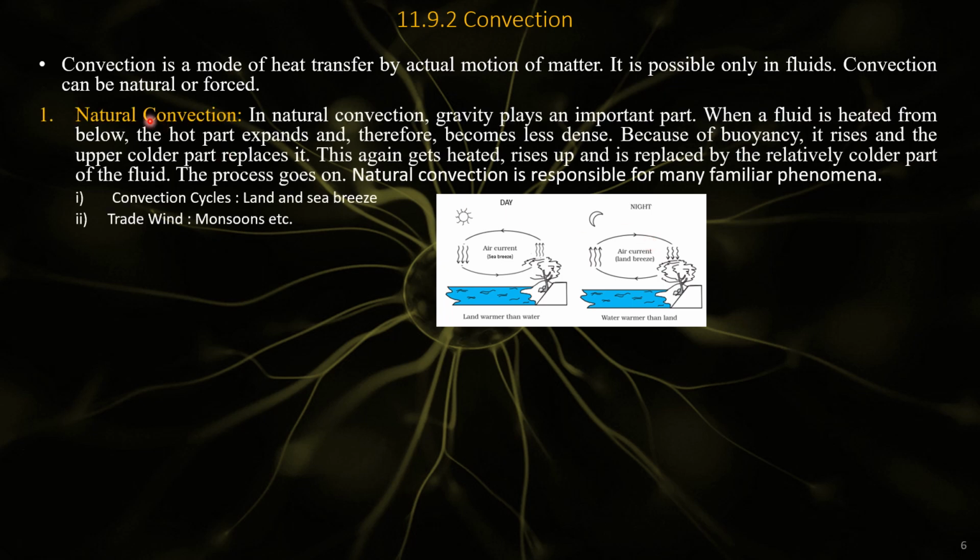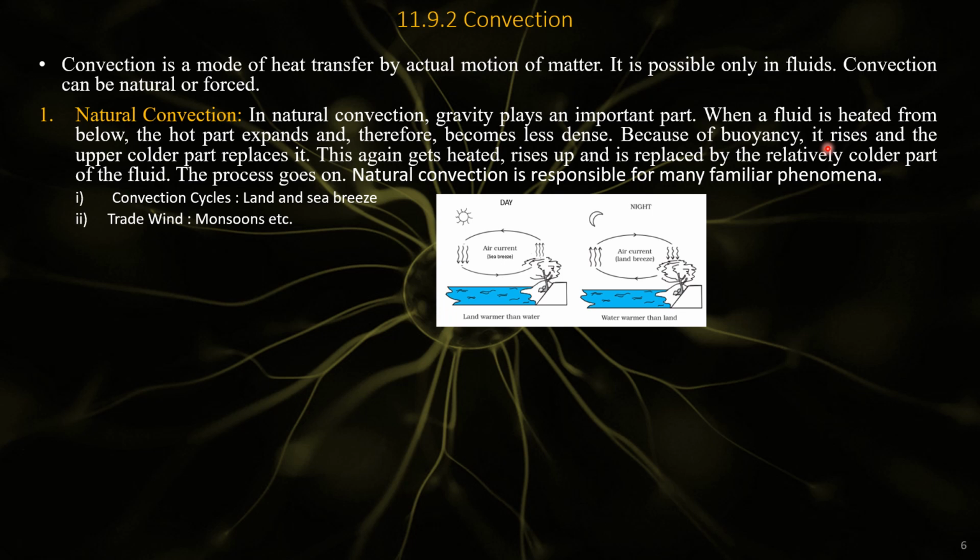So, natural convection. In natural convection, gravity plays an important part. When the fluid is heated from below, hot parts expand and therefore become less dense. That is, they become lighter as compared to the lower part. Because of buoyancy, it rises.